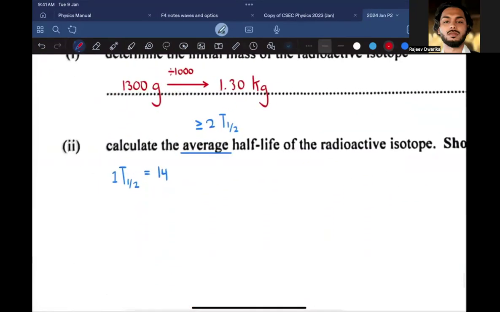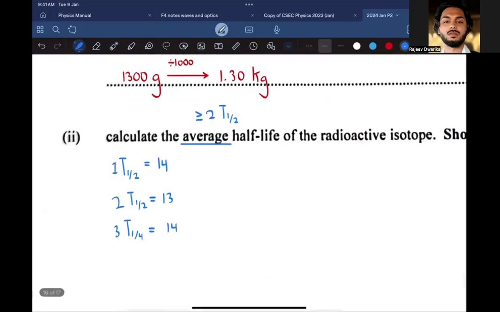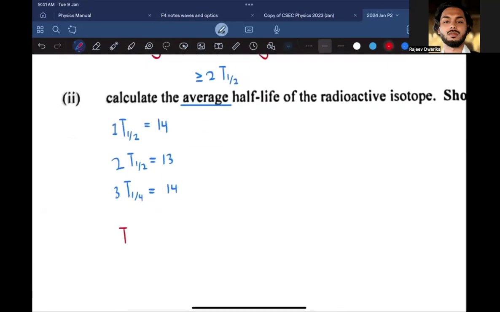So I'll just write the half-lives here. The first half-life was 14, the second half-life was 13, and the third half-life was 14 as well. If we want to figure out the average half-life, T average, that's equal to the sum of all the half-lives, the first plus the second plus the third.